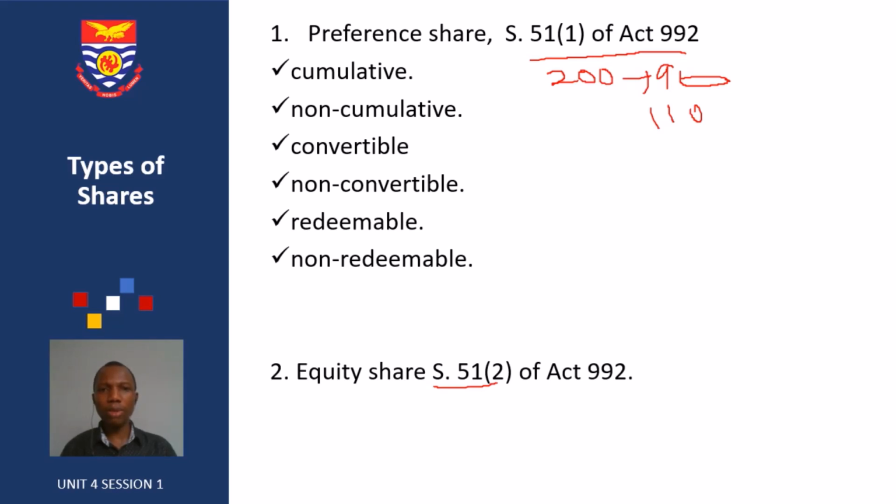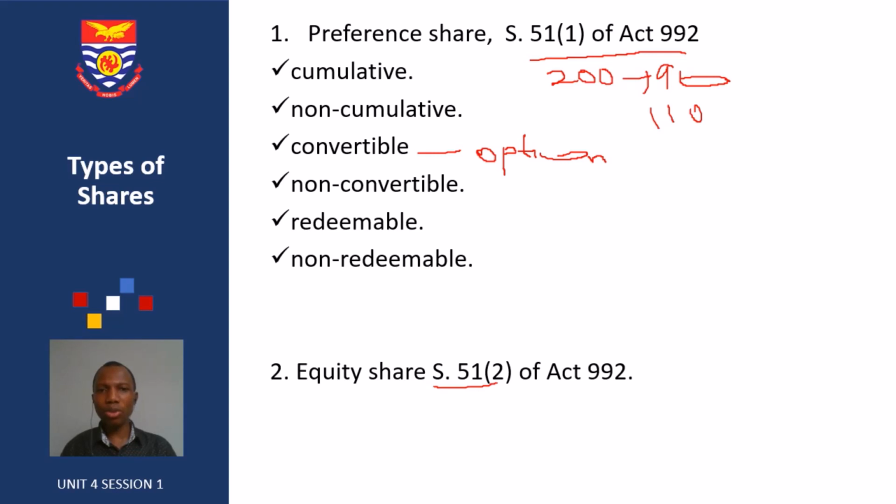Convertible preference shares: the terms of the issue of this type of share give the holder an option to convert that share into equity shares.